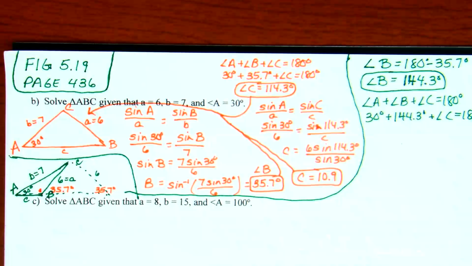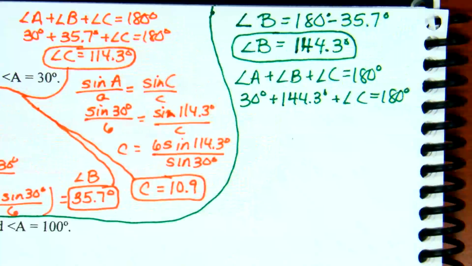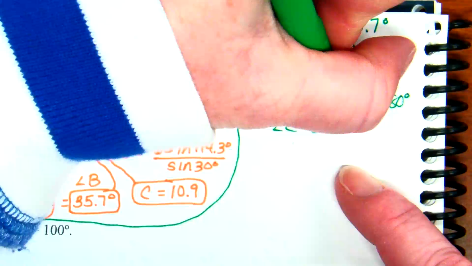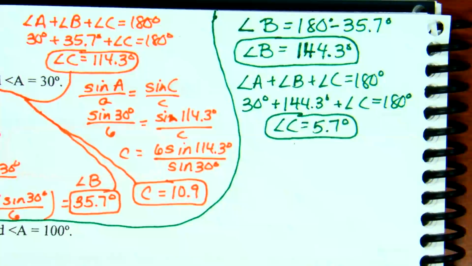Angle B we just found is 144.3 plus this new angle C, which should be tiny, right? It should be tiny. Look up there at the top. So you guys have done the math there? And what was the new angle C? 5.7.